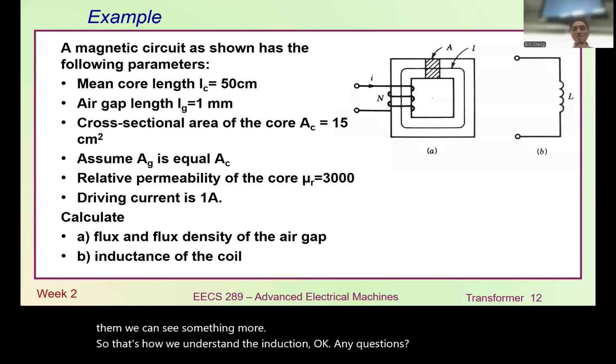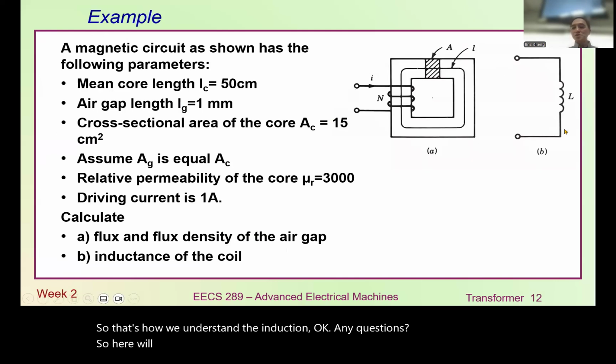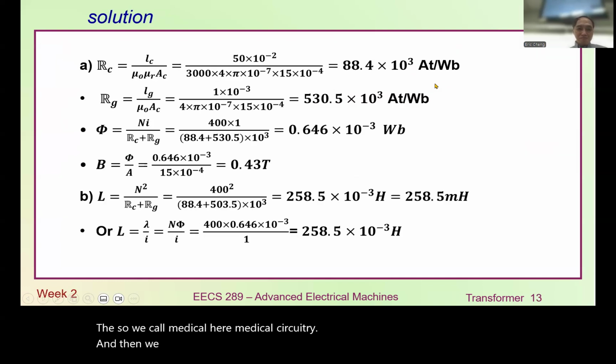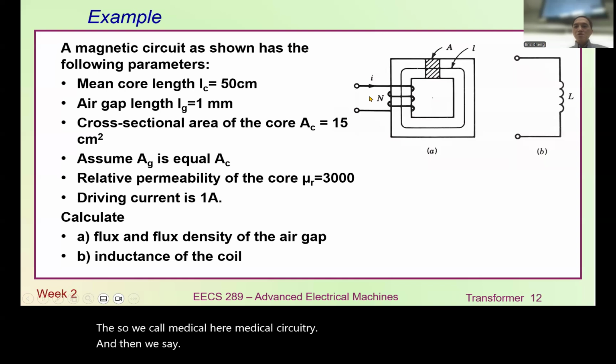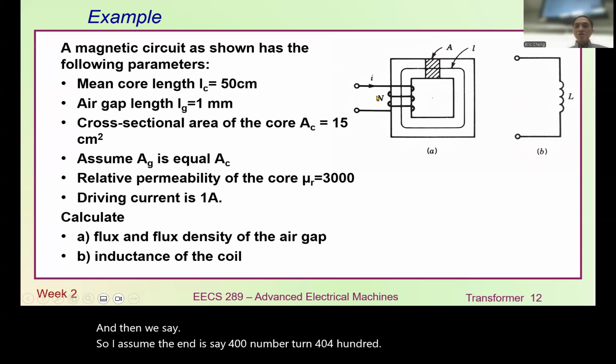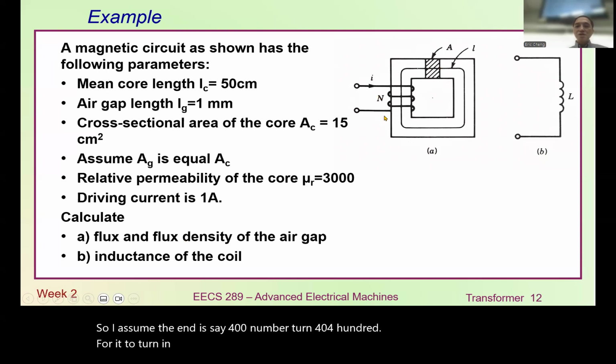So here is another simple example. We got our magnetic core here, a magnetic circuit, and we assume N is 400 turns passing through the magnetic circuit, and the core length will be 50 centimeters.